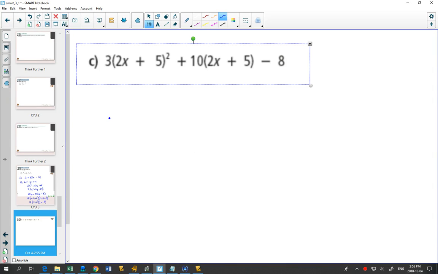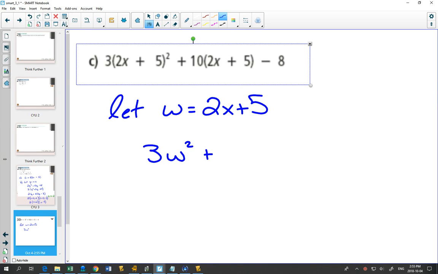W. So you let W equal 2x plus 5. Then we can rewrite this, and this becomes 3W squared plus 10W minus 8. It makes a trinomial, which we factored before.